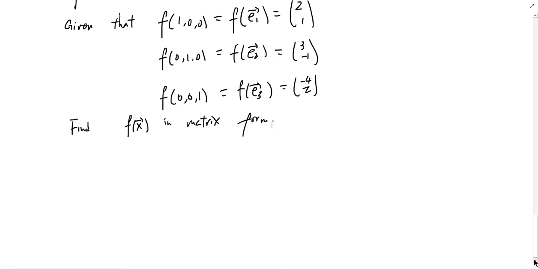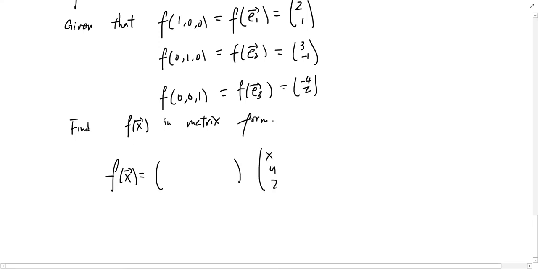The theorem states that the matrix of the linear function is formed by taking what happens to the function when you plug in the standard basis vectors and putting the outputs together as columns. So in this case, the function f of vector x will simply equal some matrix multiplied by the vector (x, y, z), which is what vector x is. And because of that, this matrix will have to be a 2 by 3 matrix.